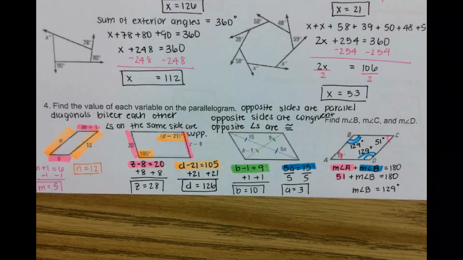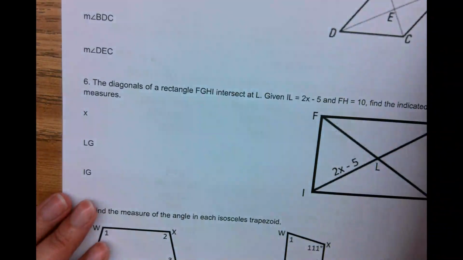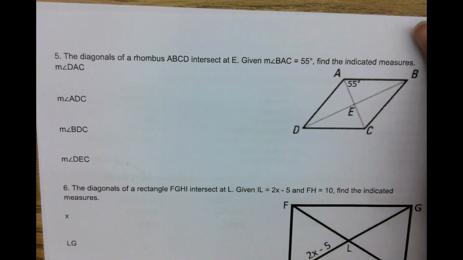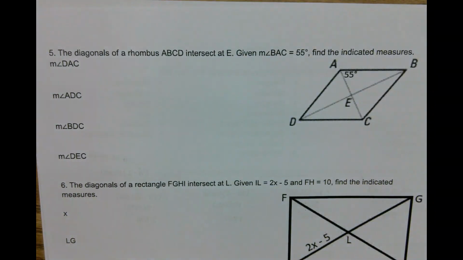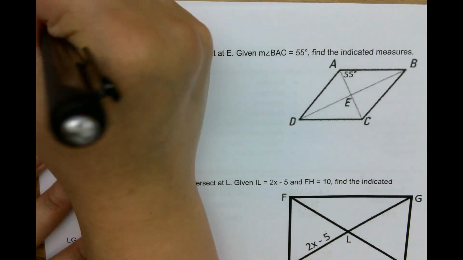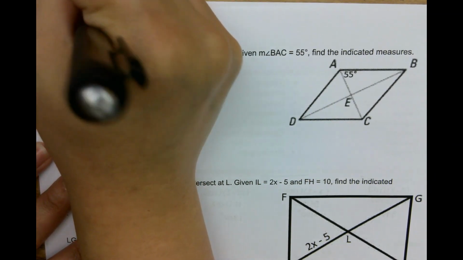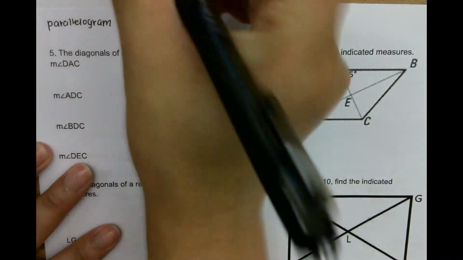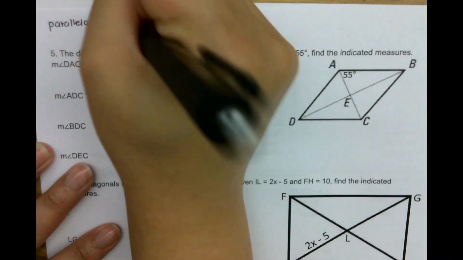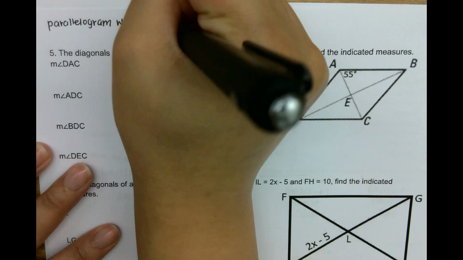Okay. Now let's flip. So the next portion is a rhombus. So let's define our rhombus. A rhombus is a parallelogram with 4 congruent sides.